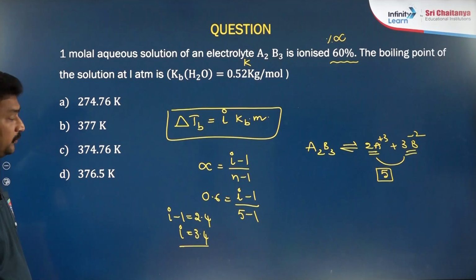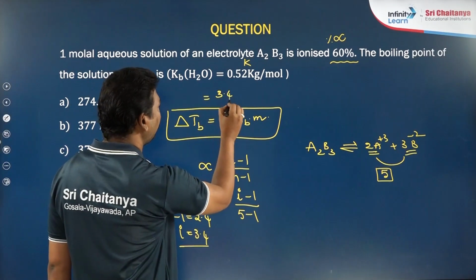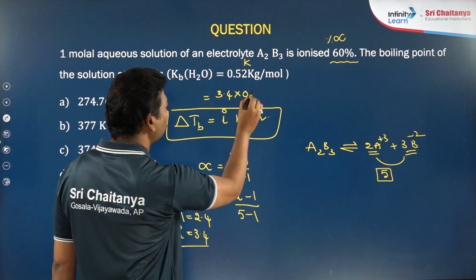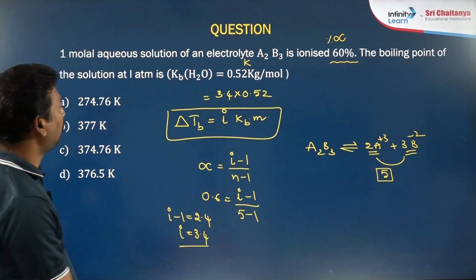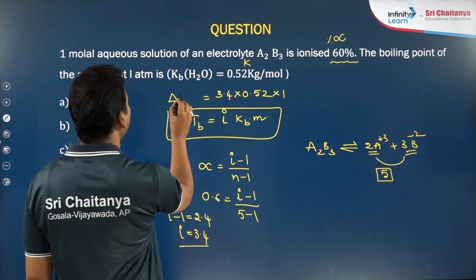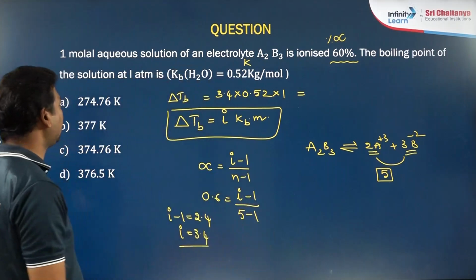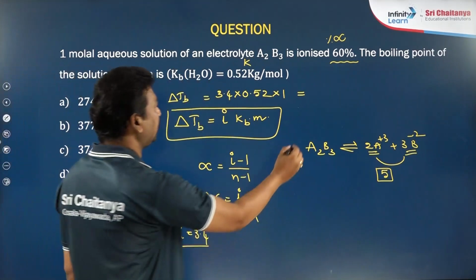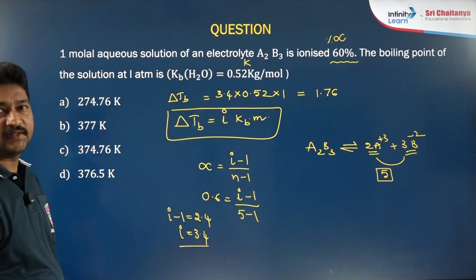So i is 3.4. Using this i value, with Kb given as 0.52 and molality 1 molal, the delta Tb value is approximately 1.76.